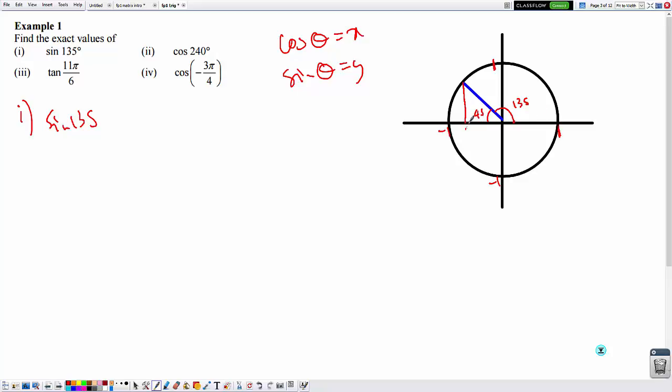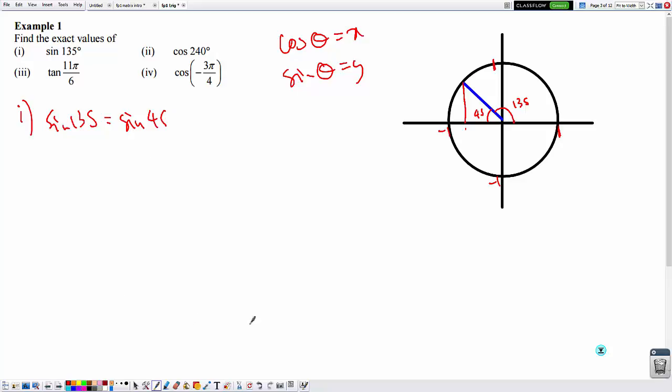Using symmetry, I know that what I get here will be exactly the same as what I'd get for 45. Now, as it's a sine, remember sine is your y. When I make 45 degrees, what I get for my y here will be exactly the same here. So sine of 135 is exactly the same as sine 45.